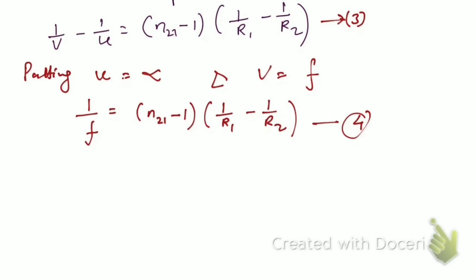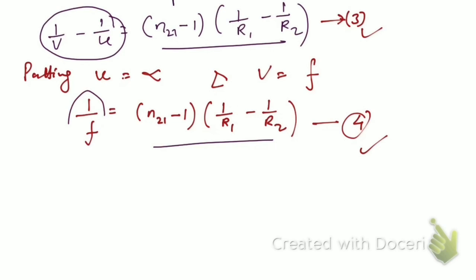Now if you compare equation number 3 and equation number 4, you can see that the right hand sides of these two equations are the same. So it is obvious that the left hand sides of the two equations must be equal.